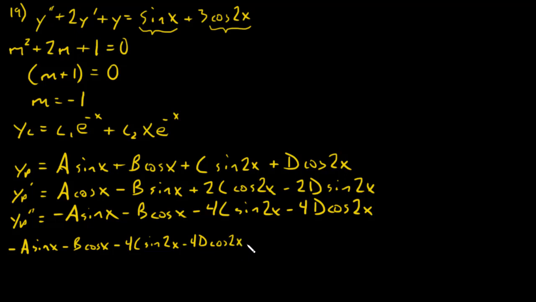Then plus 2 times y prime, so a cosine x minus b sine x plus 2c cosine 2x minus 2d sine 2x.